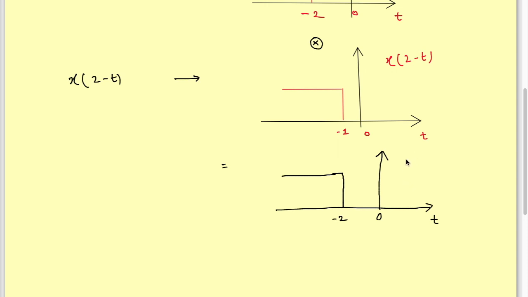So this is x of 1 minus t into x of 2 minus t. This signal is 0 for t greater than minus 2.